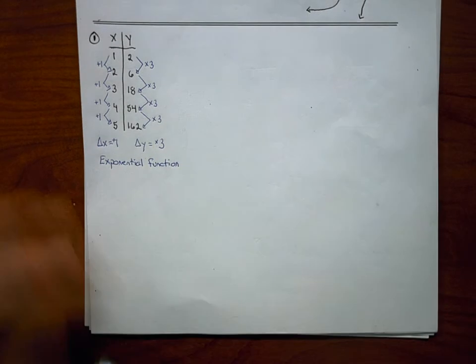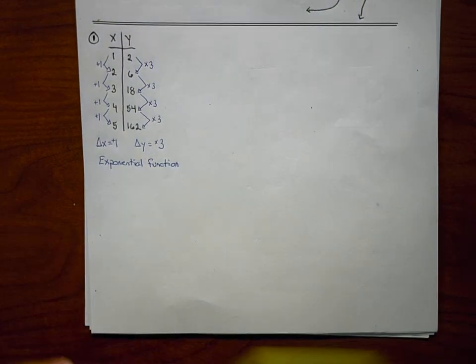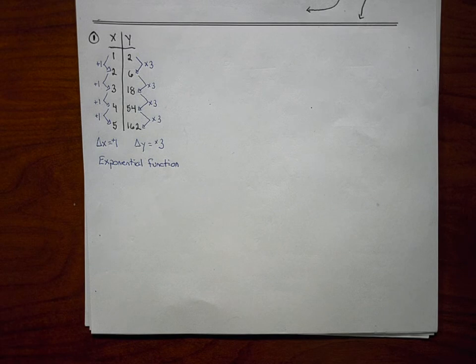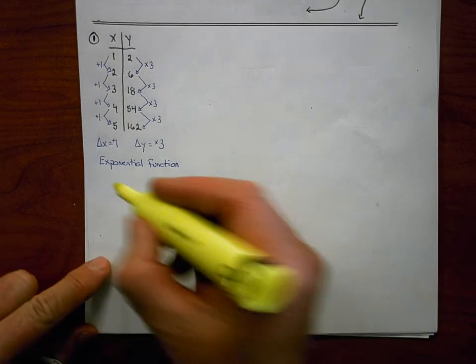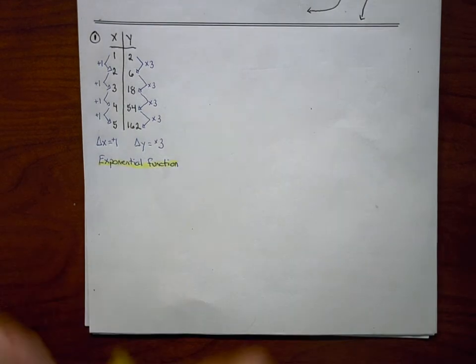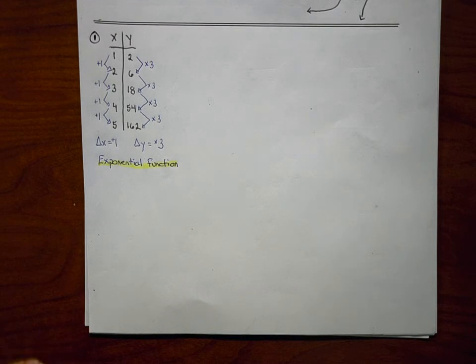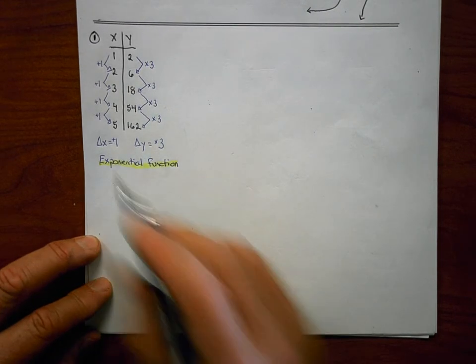Everybody understand why? Liars, none of you understand why. Because you're multiplying instead of adding or dividing. Alright, you guys? What are you multiplying? The delta y or the delta x?